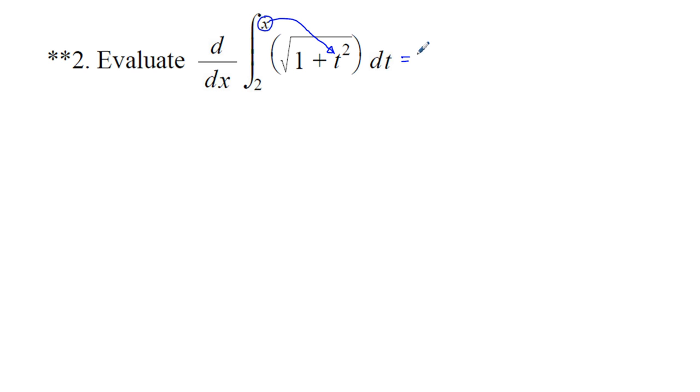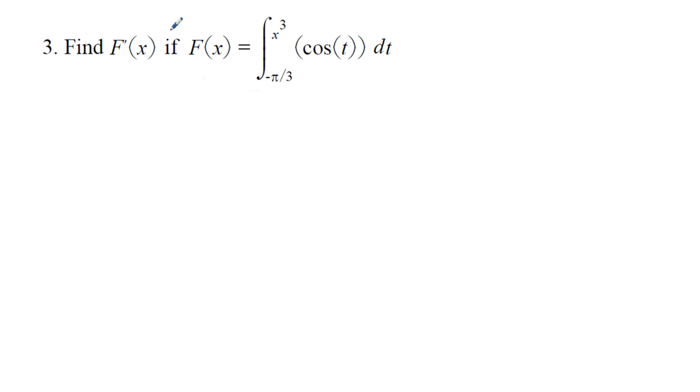So we're going to get the square root of 1 plus x squared, and that'll be times the derivative of x, which is 1. So that is going to be it. It's almost like the d/dx and integral cancel each other out. That's one way of looking at it.